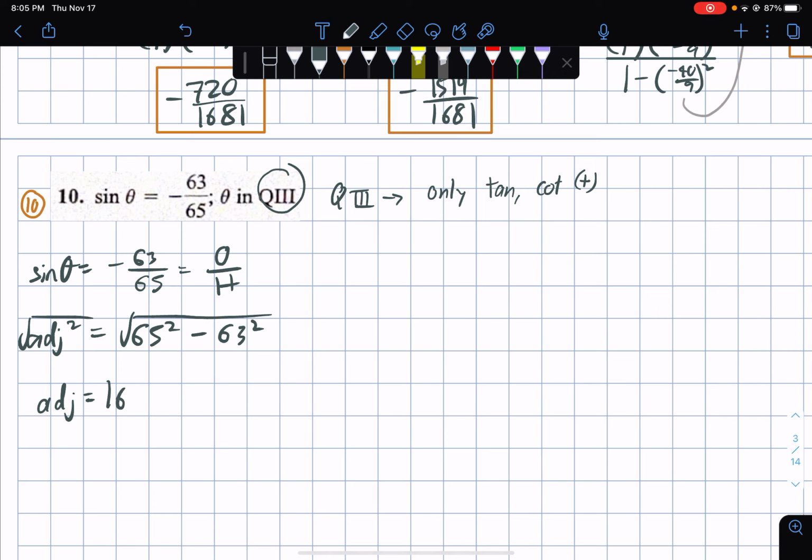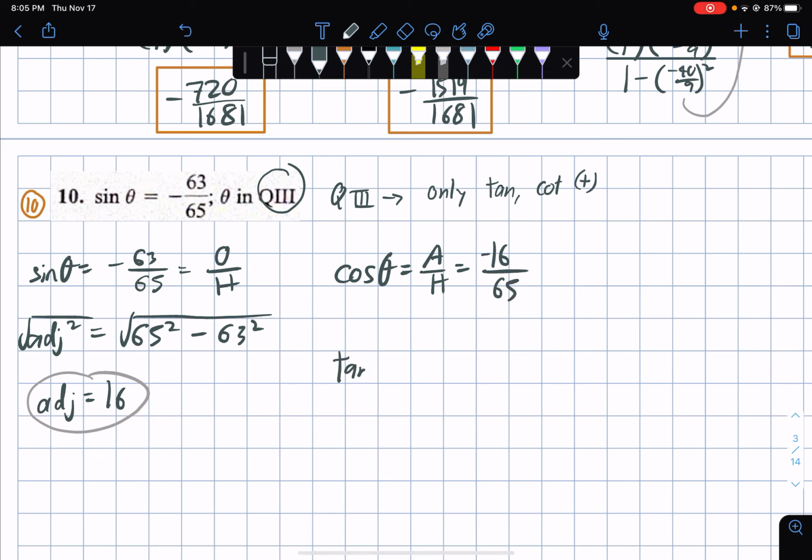Adjacent is 16. So let's look for the cosine theta, which is A over H, which is 16 over hypotenuse, which is 65.